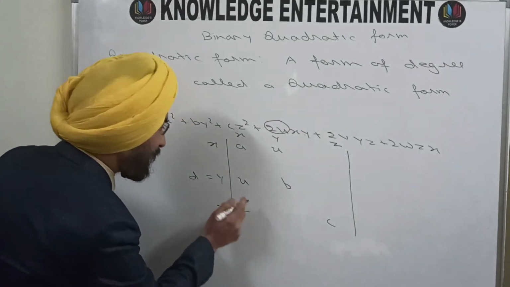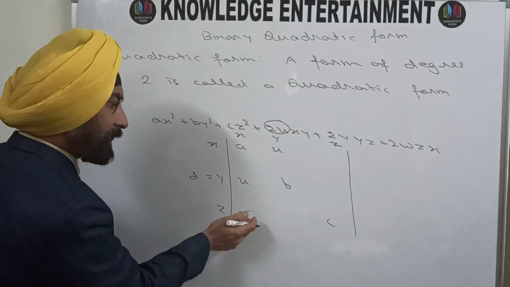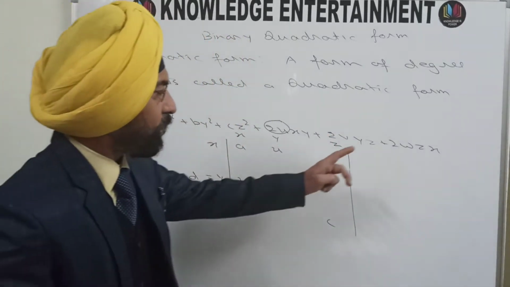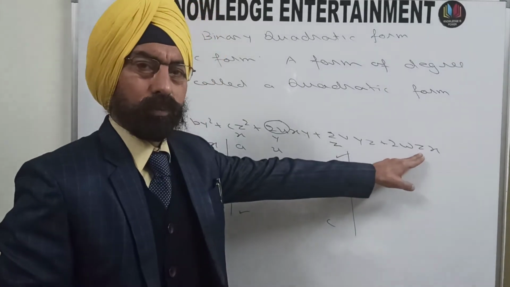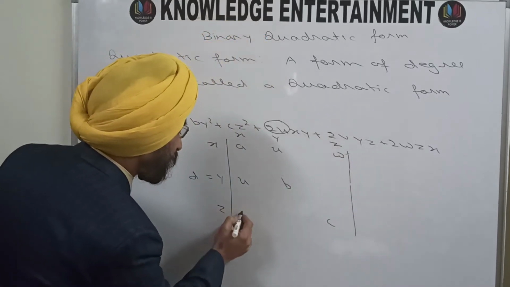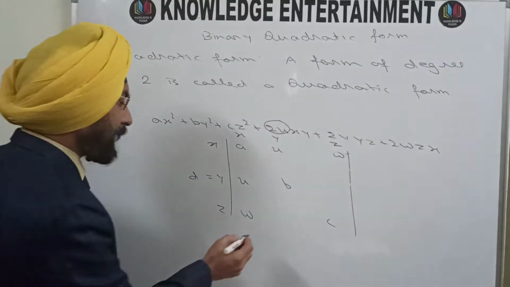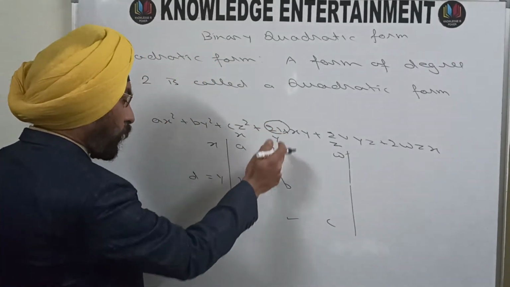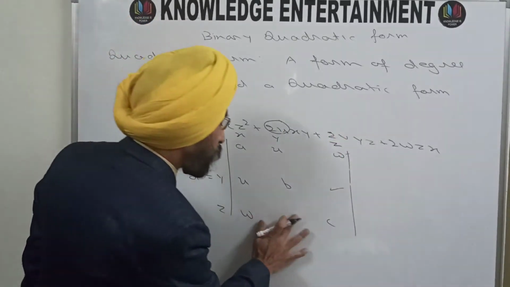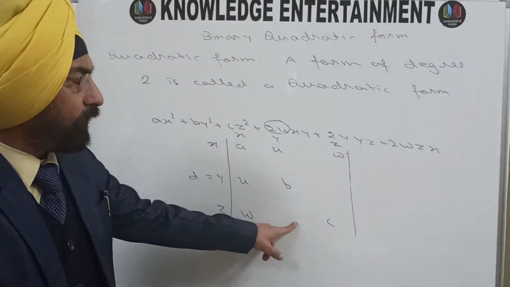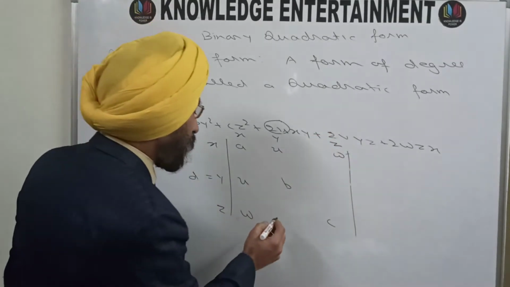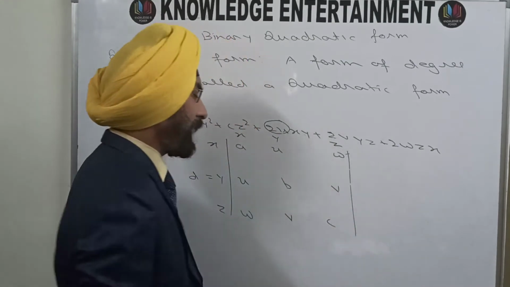Similarly, this is the place for xz, and this is also the place for xz, and the coefficient of xz is 2w. So we write w here and w here. And similarly, this is the place for yz and this is also the place for yz. So write half of the coefficient of yz here and half here. The coefficient of yz is 2v, so you write v here and v here.